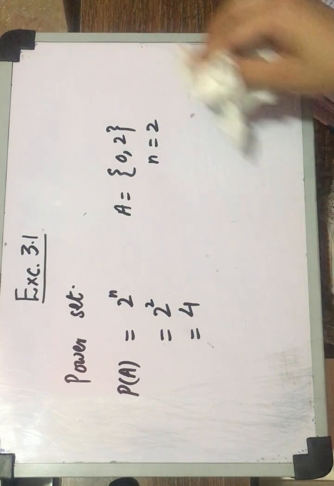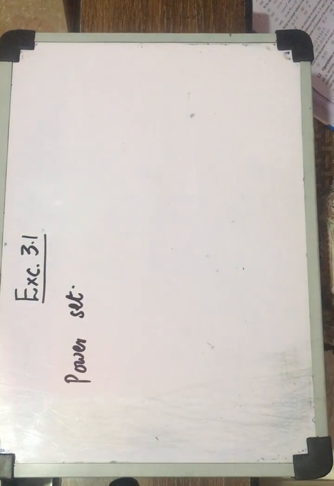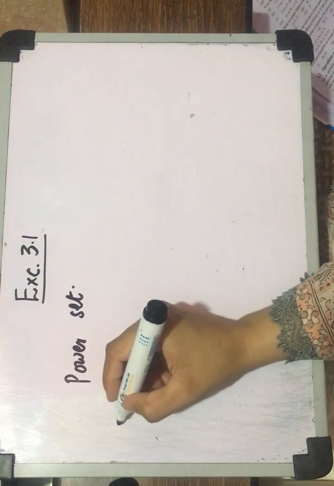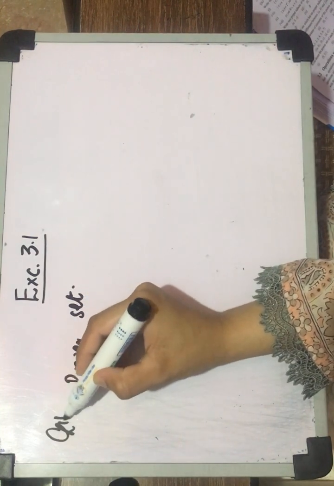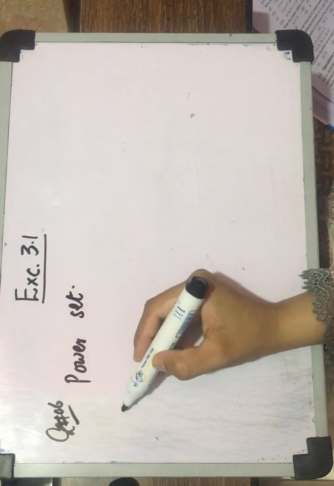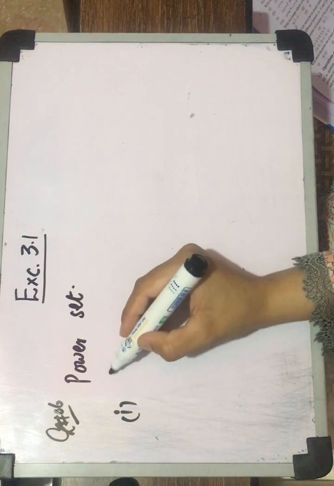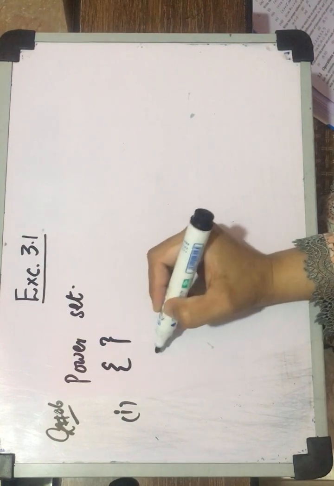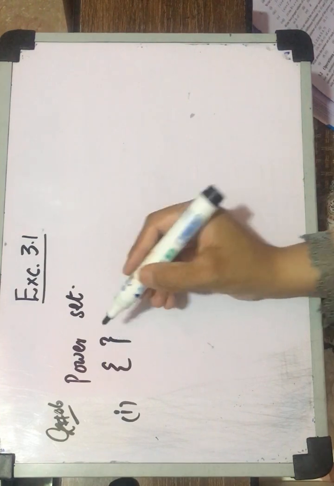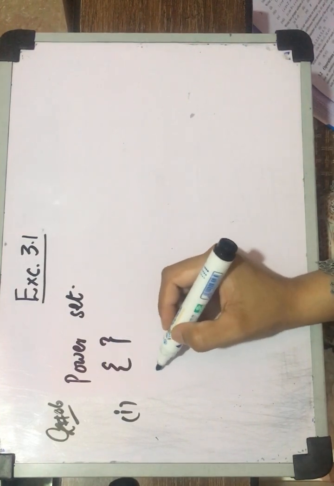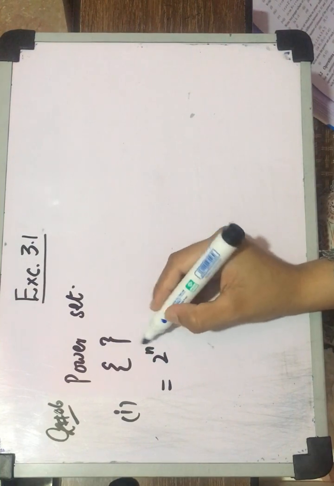Okay, now we have to tell about the power sets of the following sets. This is question number 6, and number 1 is an empty set, and we have to show how many power sets of this set. So power sets have formula 2 raised to power n, and what is n?